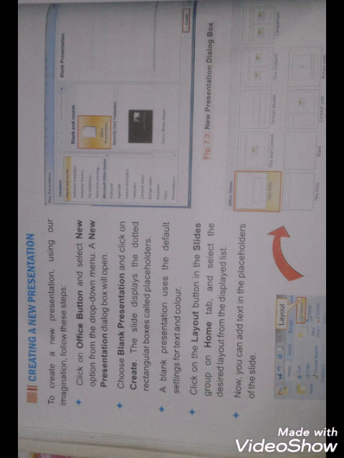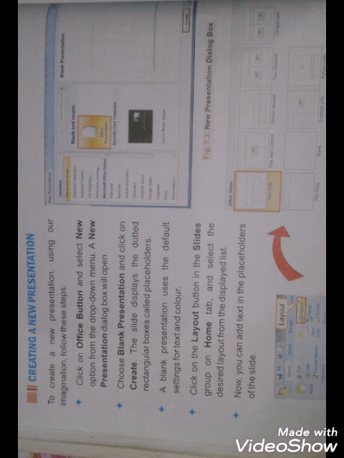To create the new presentation, we have to click on the Microsoft Office button and then choose the New option. Whenever you click on the New option, the New Presentation dialog box will appear as shown here. From here we select Blank Presentation and click on the Create button.